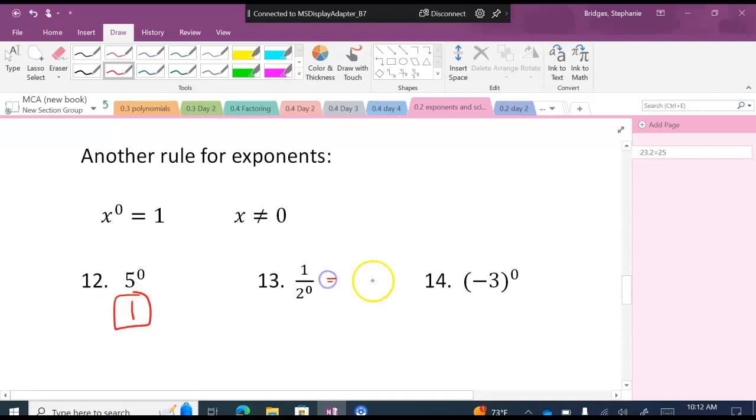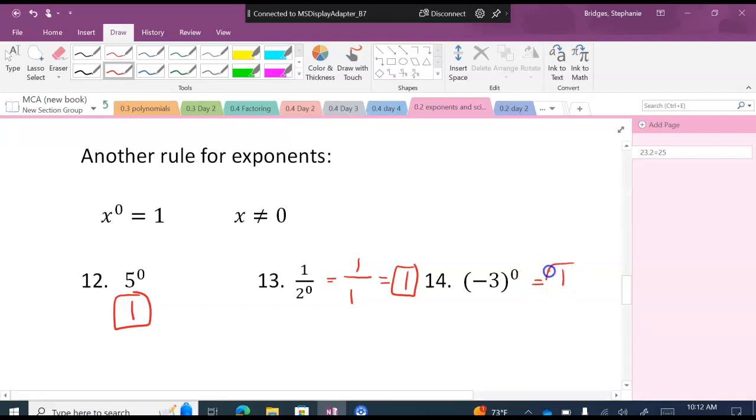If I have 1 over 2 to the 0 power, that would be 1 over 1, which is just 1. And for 14, negative 3 to the 0 power is still just 1.